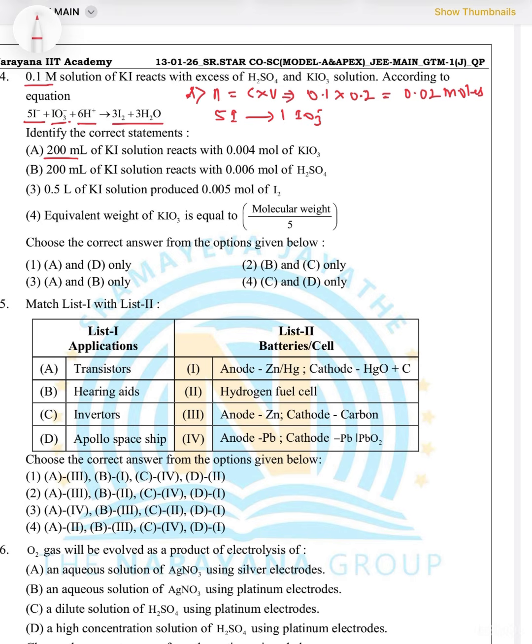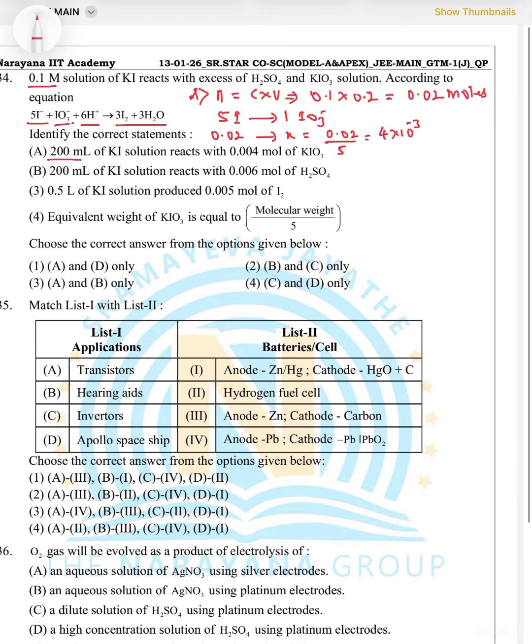Got it? Then 0.02 moles reacts with how many moles? X. So if we simplify this, X is equal to 0.02 by 5, that is equal to 4 into 10 to the power minus 3, that is 0.004 moles. Right? So first statement is correct.